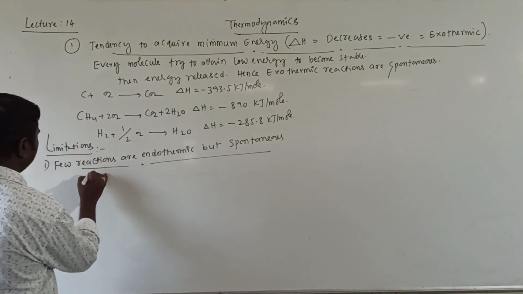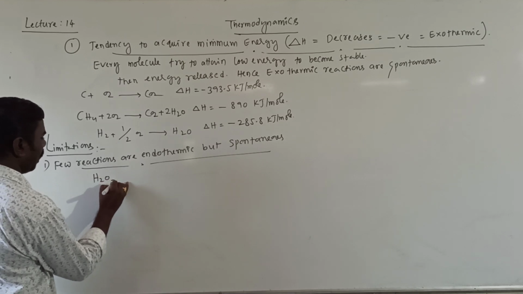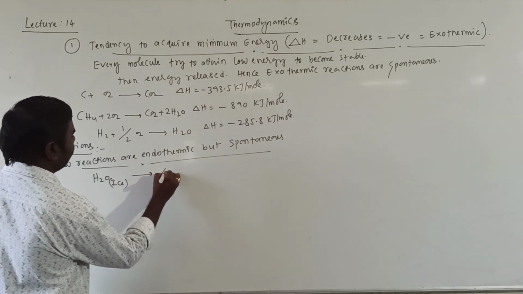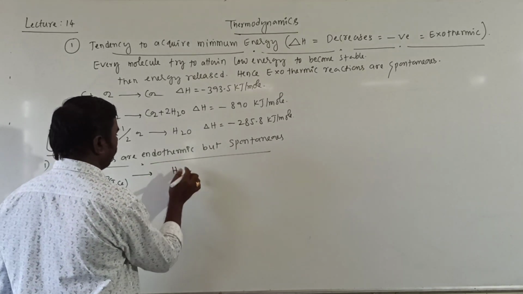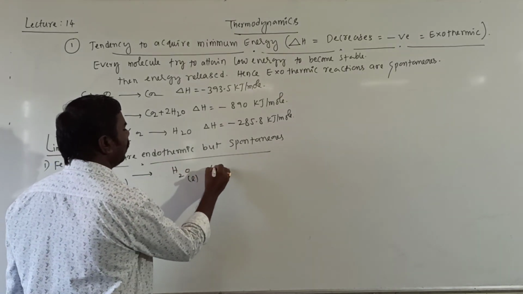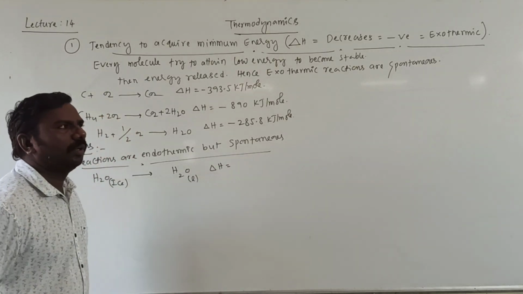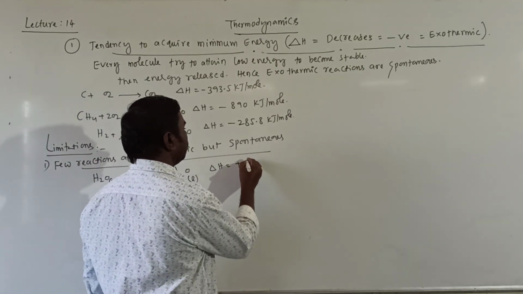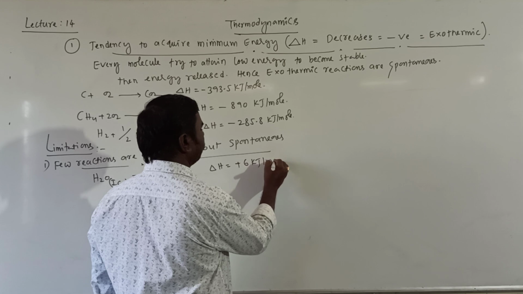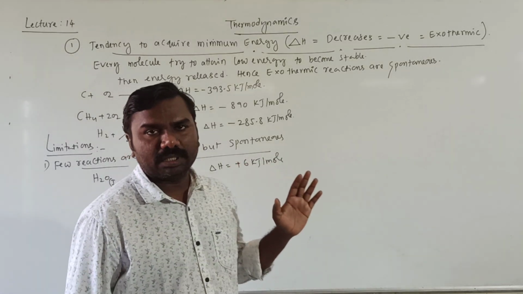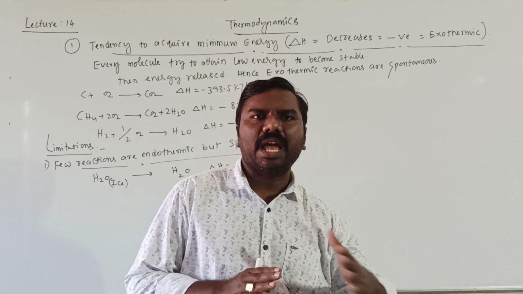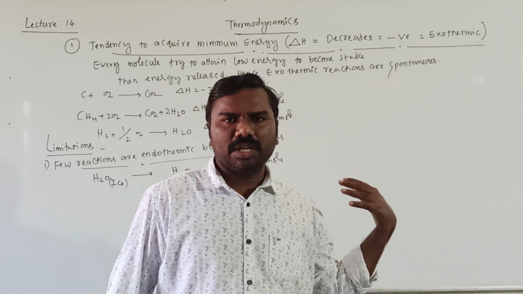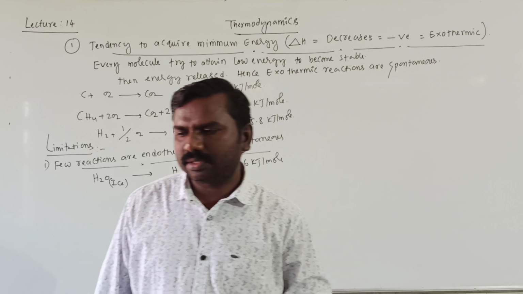Ice converted into liquid water. Delta H is equal to plus 6 kilojoules per mole. Plus means endothermic, but by itself it will happen, that's why spontaneous.